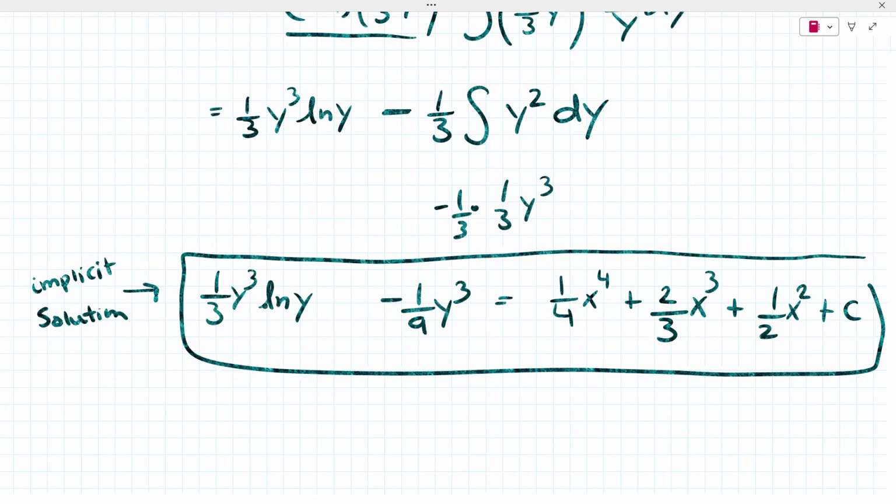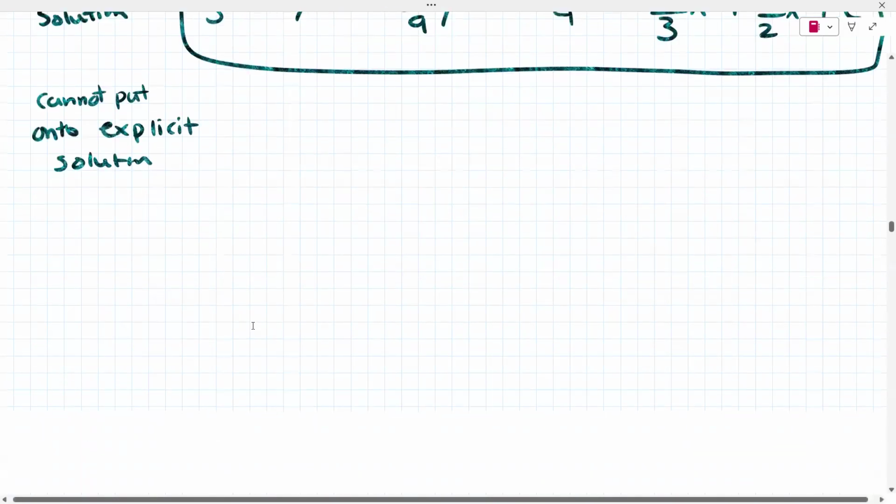So we cannot put it into explicit form. Okay, let's move on.